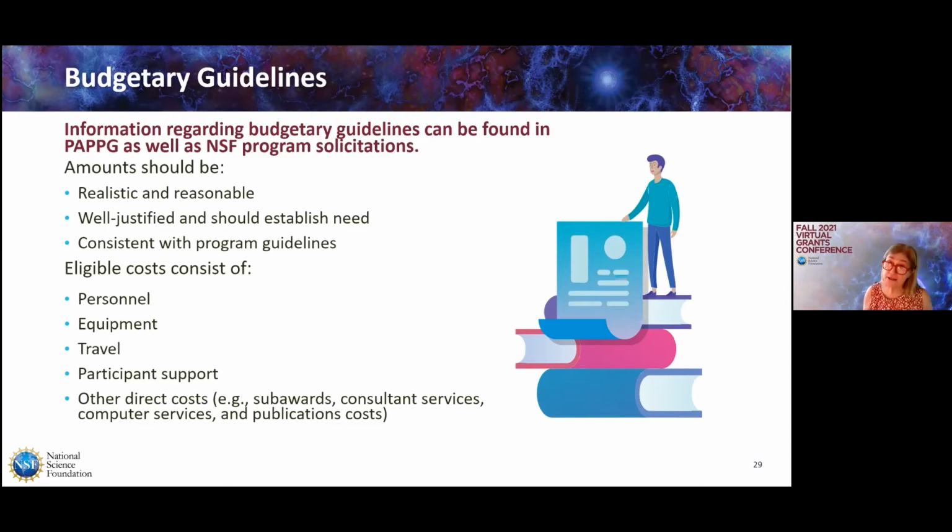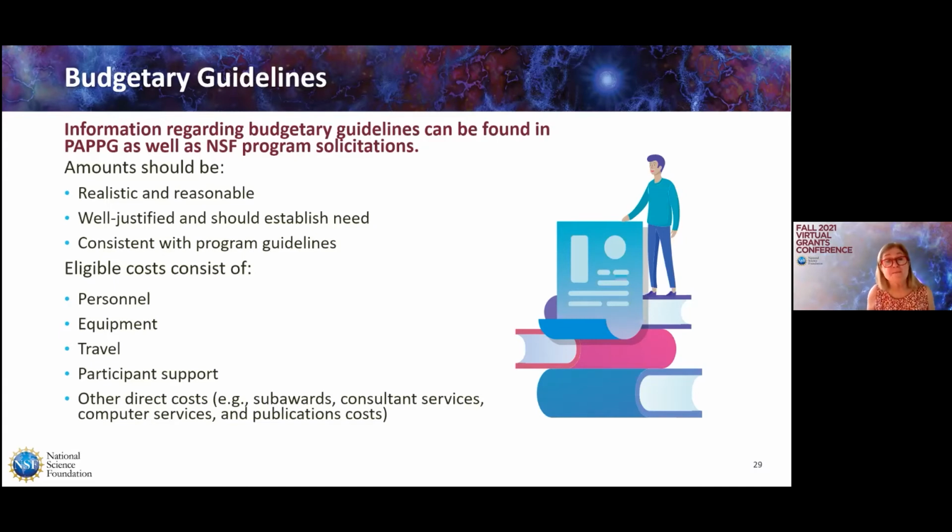One also has to understand that program solicitations may deviate from the standard guidance that we put in the PAP Guide, and they say that particular categories of cost are allowable or not allowable for that particular program, or place limitations on the amount of funding that you could ask in that particular category.